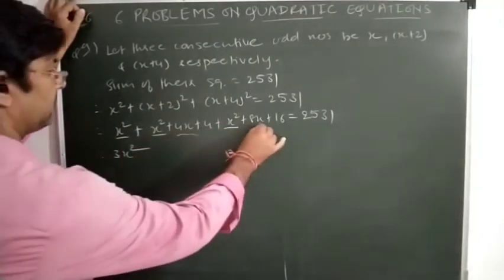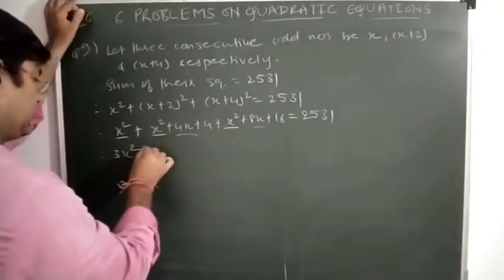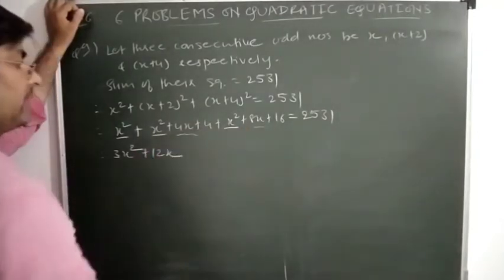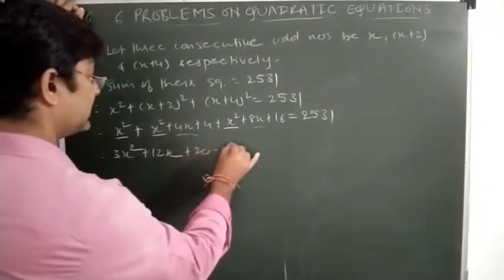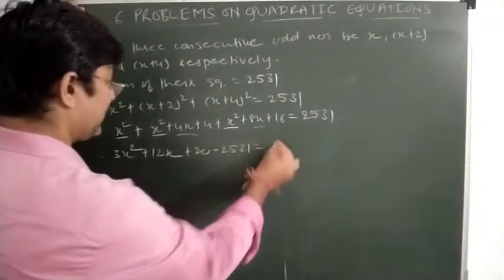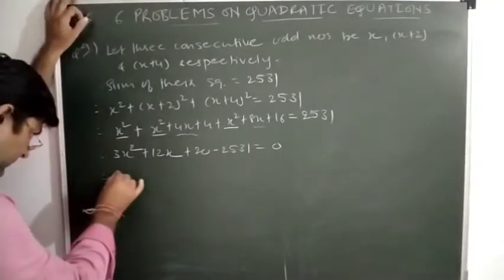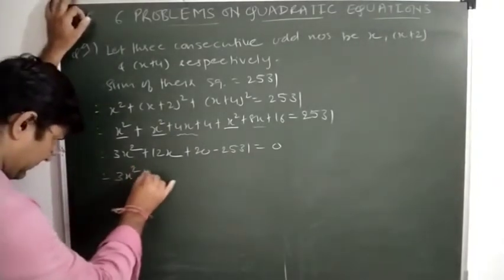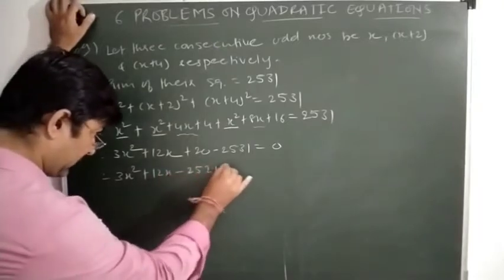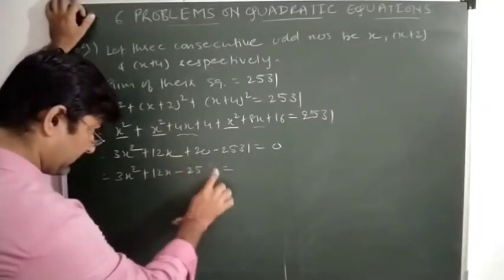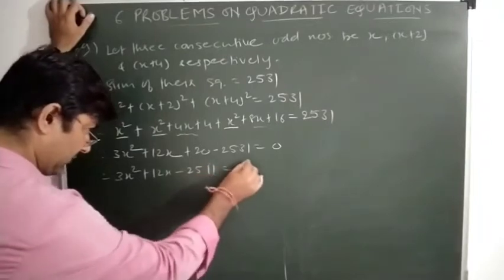Okay, 4x plus 8x will be 12x and 16 plus 4 is 20, minus 2531 equals 0. Therefore 3x square plus 12x minus 2511 equal to 0.